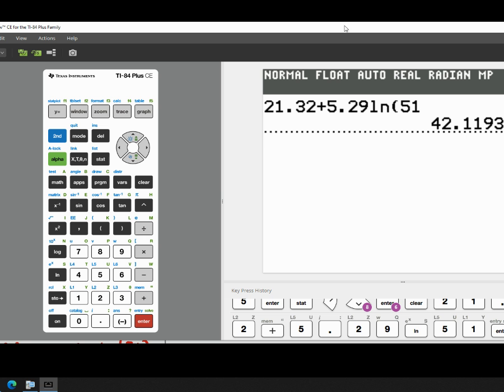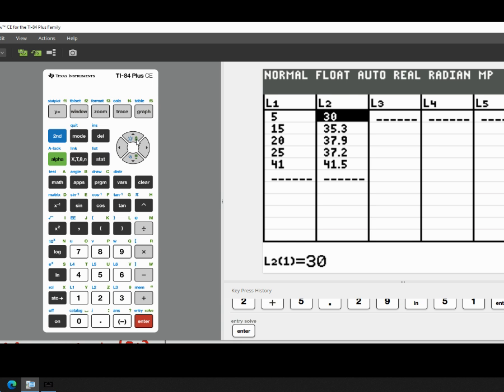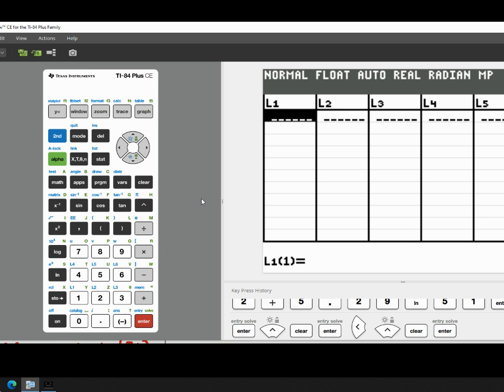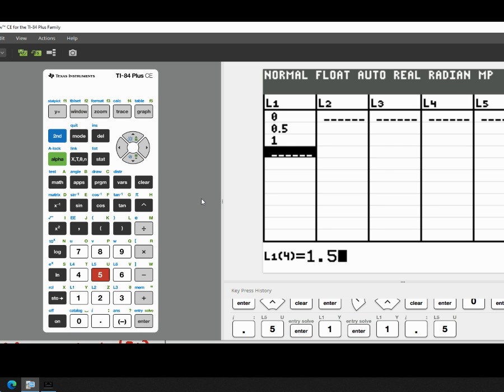So when I go back to my calculator and I go to Stat Edit and I clear my data, I'm going to enter the top values into X. So my top values are 0, 0.5, 1, 1.5, and 2.